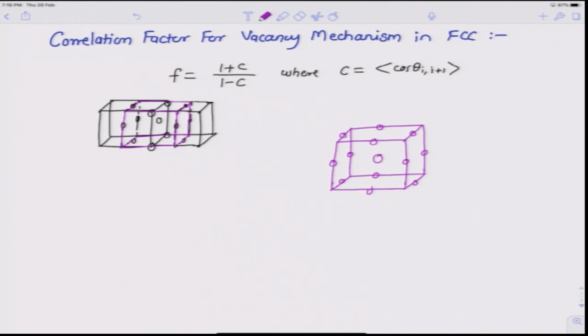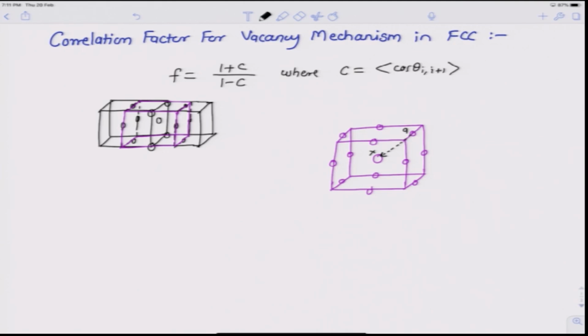Because if we consider this jump vector, let us call it A x, then we can divide the atoms in different classes, the atoms in each class making the same angle with the jump vector A x.